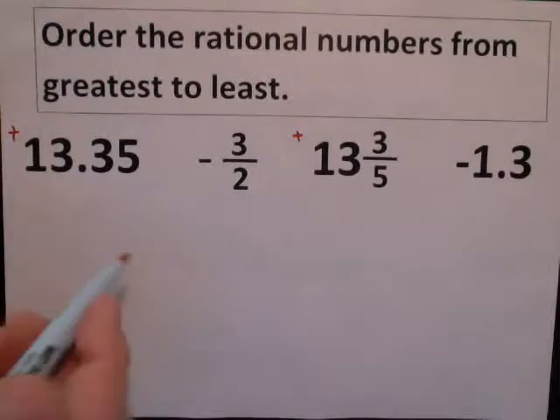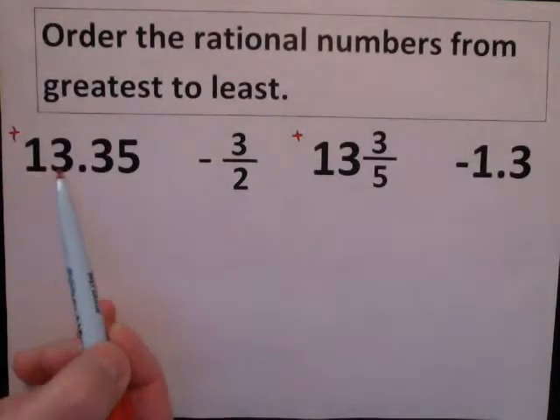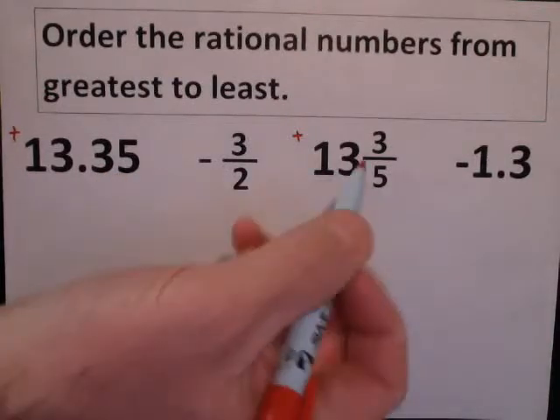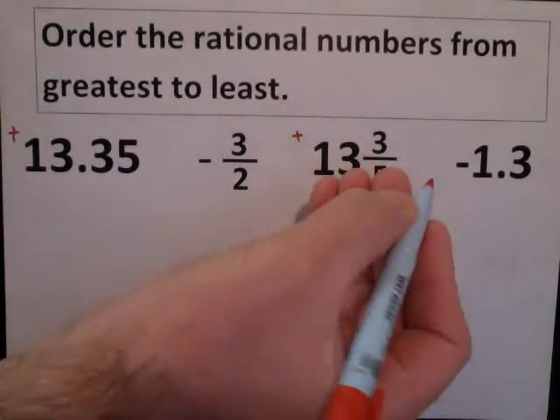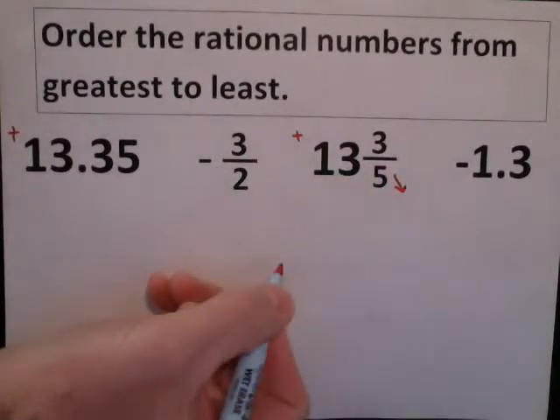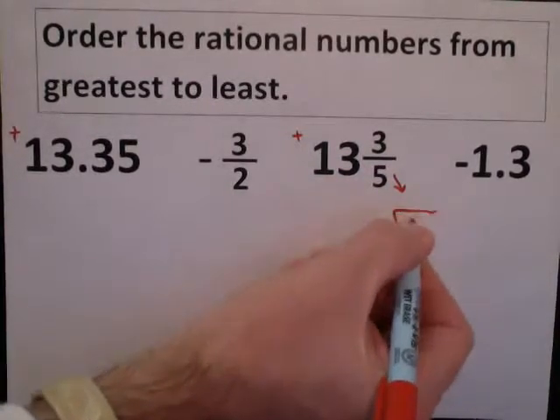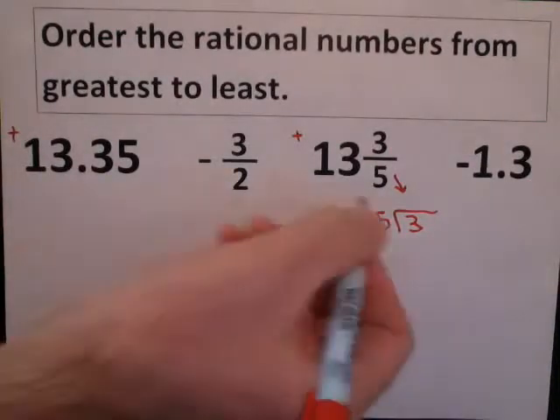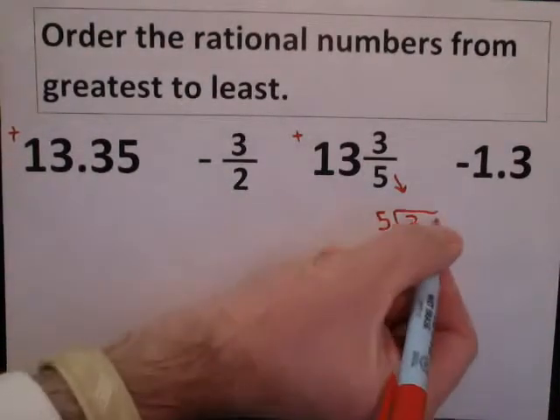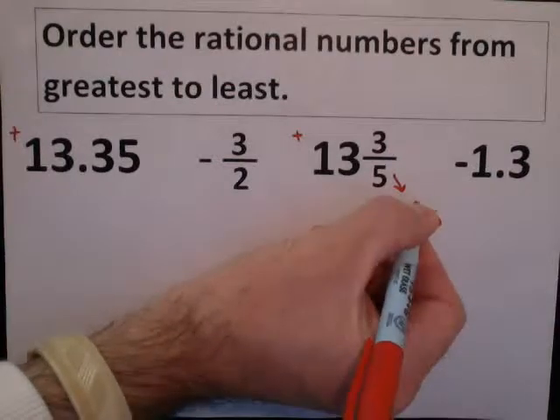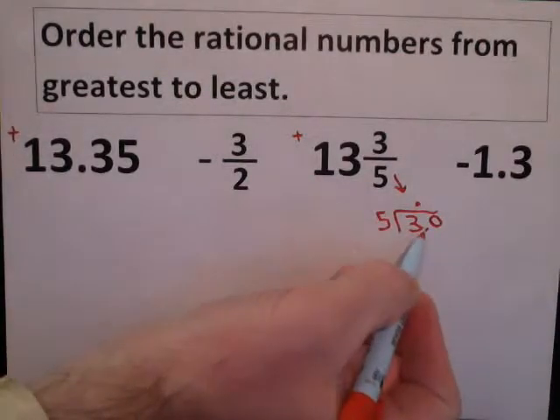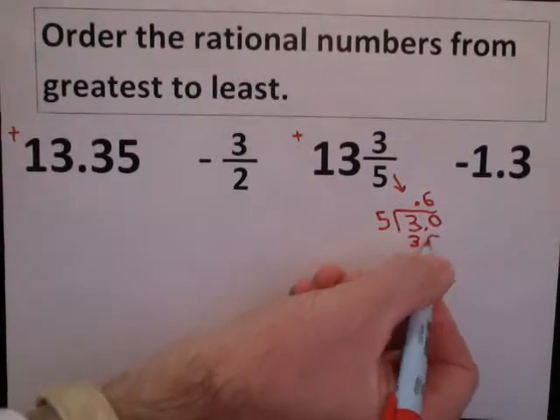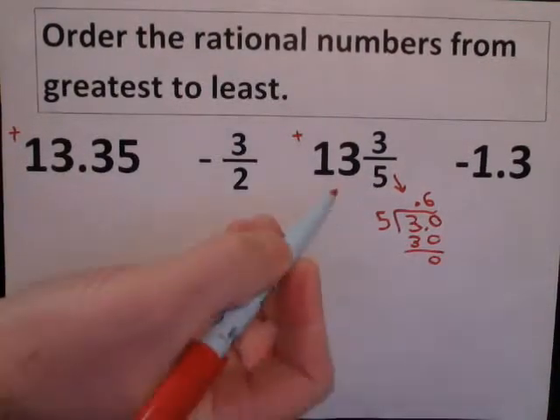Alright? Now, in this case, we have 13 and 35 hundredths. And we have 13 and 3/5. So what we would want to do is turn this into a decimal. So we're going to divide 3 by 5. We have to put in a decimal point and annex a 0, bring up our decimal point. 5 will go into 30 a total of 6 times. 6 times 5 is 30, so we terminate.